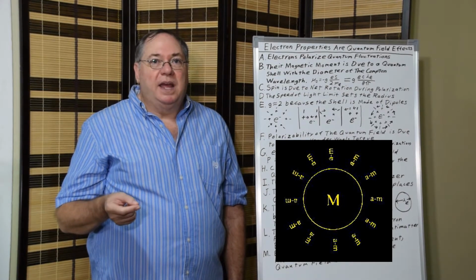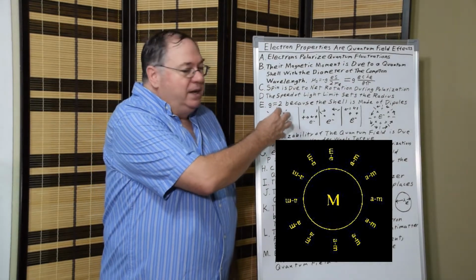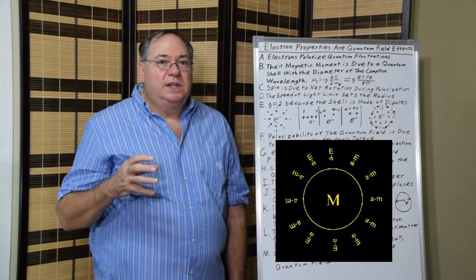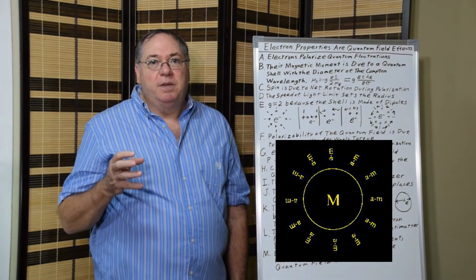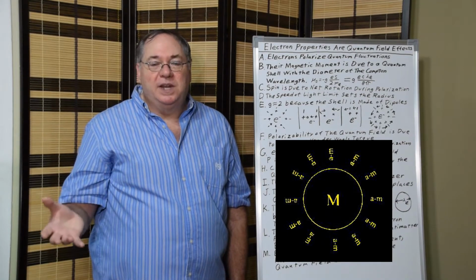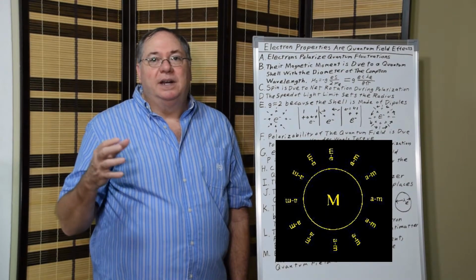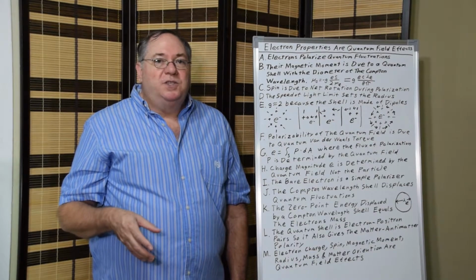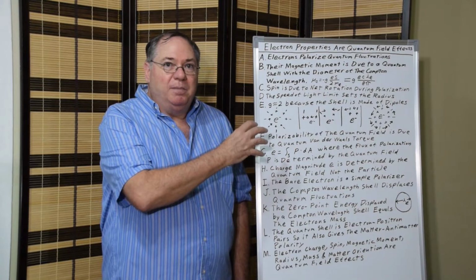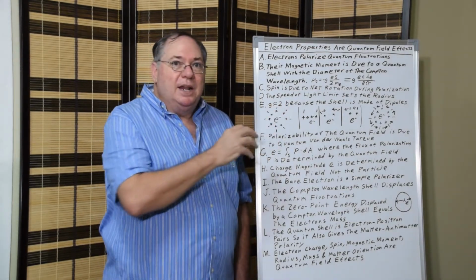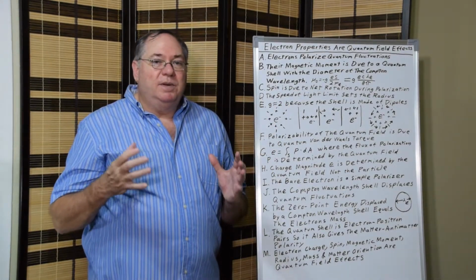And because of that, the quantum field also gives us the matter-antimatter orientation of the particle. For an electron, it would say matter facing out, and for a positron antimatter. And so we also get the antimatter properties being propagated through the quantum field from this quantum field shell.